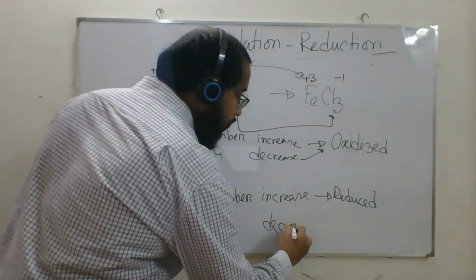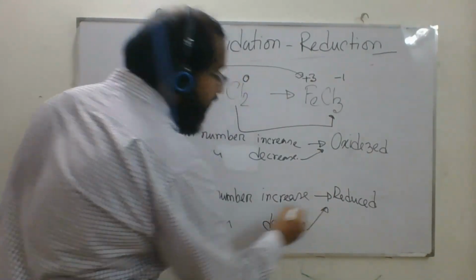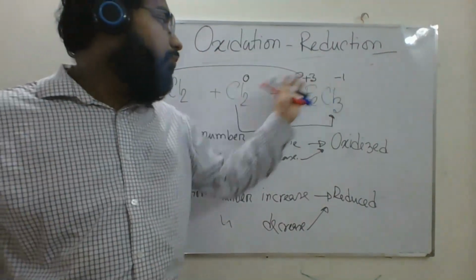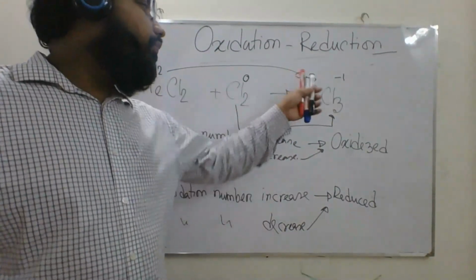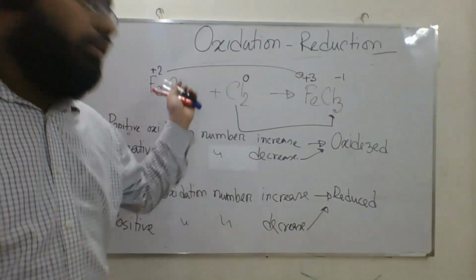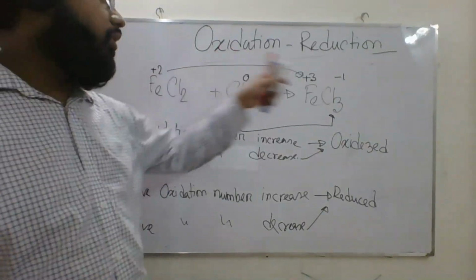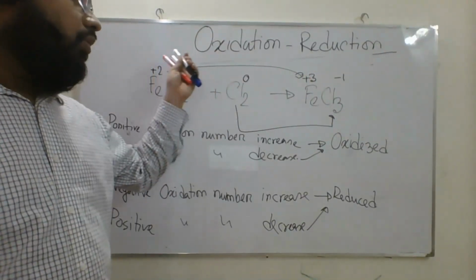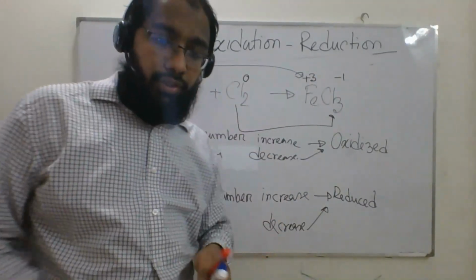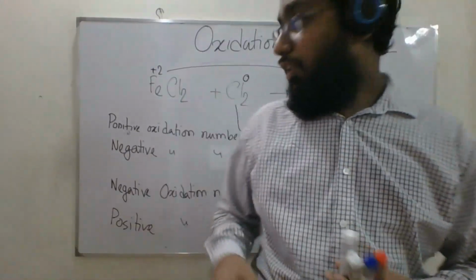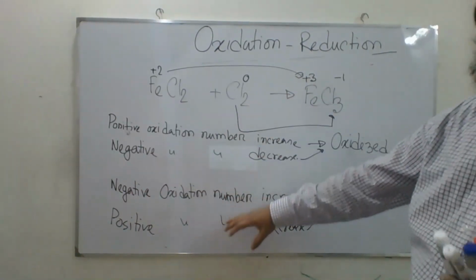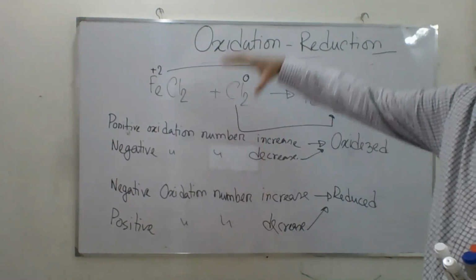That means in any reaction, it is not mandatory to have this type of 0 to -1. If it is +3 to +2, then it is also a reduction process, or -1 to 0 is also an oxidation process. So by this we can determine the oxidizing agent or the reducing agent from any kind of reaction.